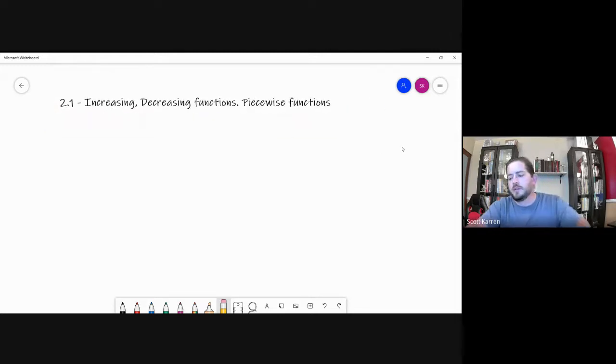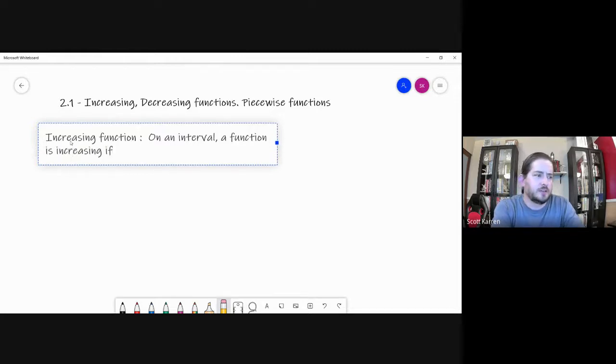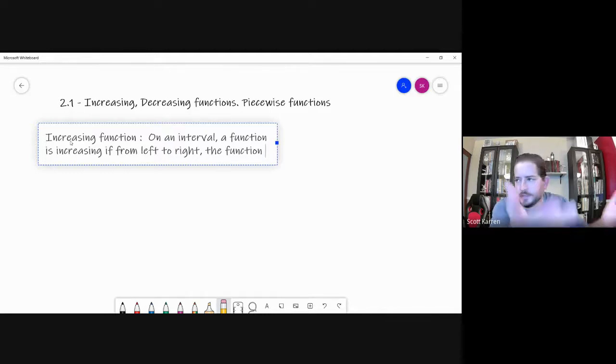So an increasing function, we would say on an interval, some x values with a starting and stopping point, a function is increasing if from left to right the y value of the function grows, increases, goes up.